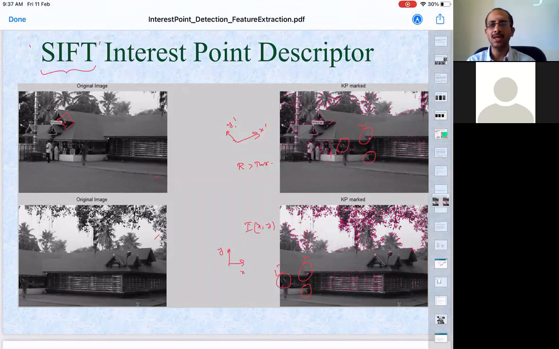Somehow they are related globally, because we are taking the images with a camera, and the camera may be rotated or translated. So the relation between x dash, y dash and x, y can be captured through a kind of rotation and translation in a simple sense, and it may be captured through more complex transformations, but however it can be captured.